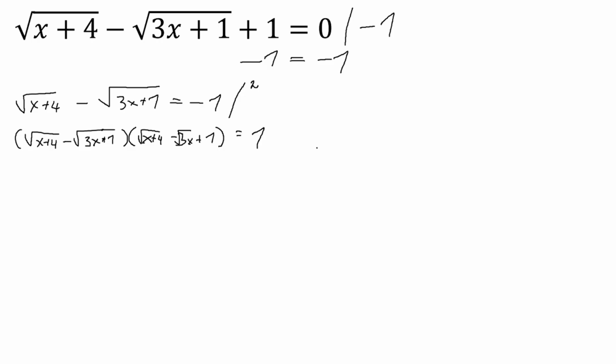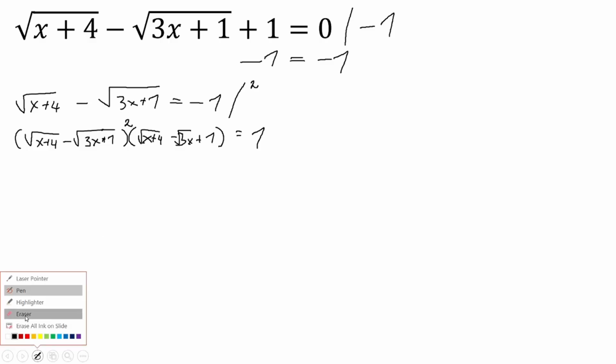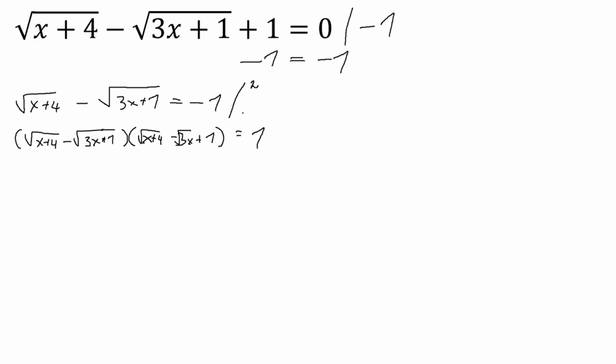So what we did here is essentially raising the entire left side to the power of 2. You can either write this via parentheses, or some people just like writing the exponent over the parentheses. I personally like doing it like this because it helps me with the next steps. And obviously the right side is equal to negative 1, and negative 1 to the power of 2 is 1. That's rather simple. And now we can continue simplifying the equation.